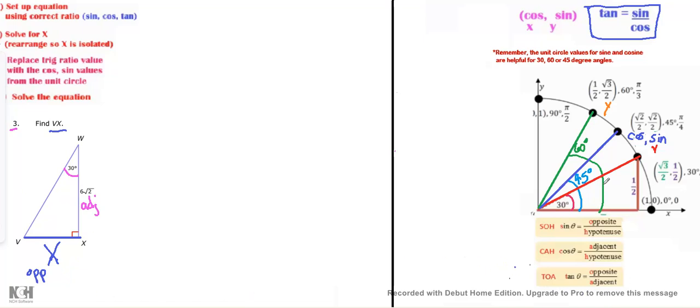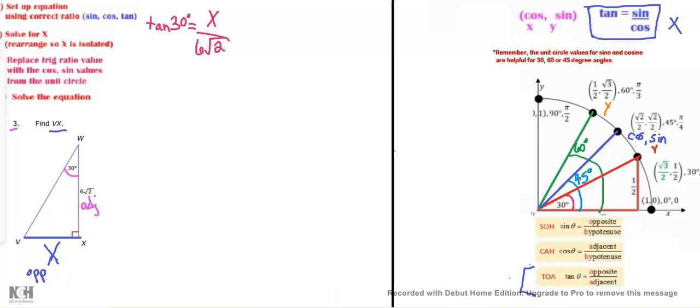And again, that's the lovely tangent, which requires us to use this little bar right here. But we can do it. Let's set this up. So we have tangent 30 degrees equals the opposite leg, which is x, over the adjacent, which is 6 square root of 2.